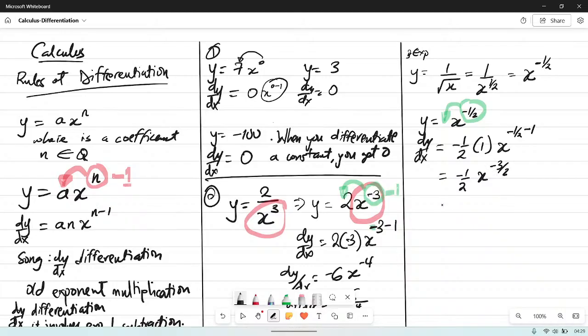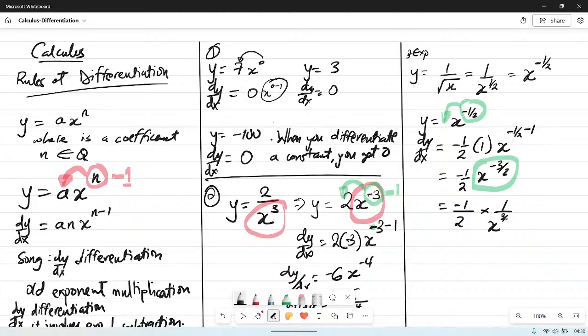Now, we have to bring it back as a fraction. Mind you, this one alone is a unit on its own. So when you rewrite it, it becomes negative 1 over 2, times 1 over what? X. It's not going to be negative again, it's going to be positive, because we are bringing it down.